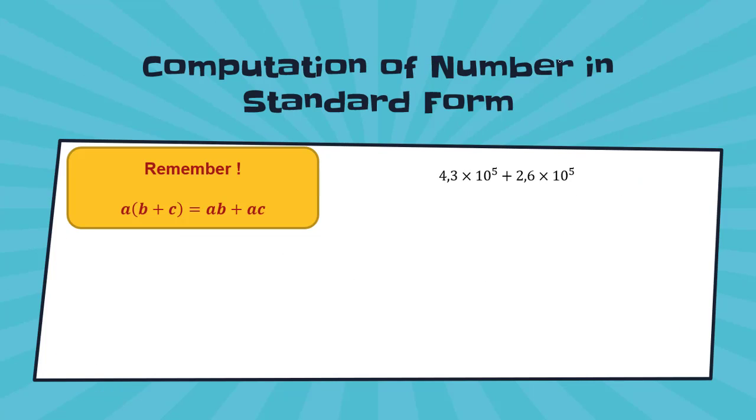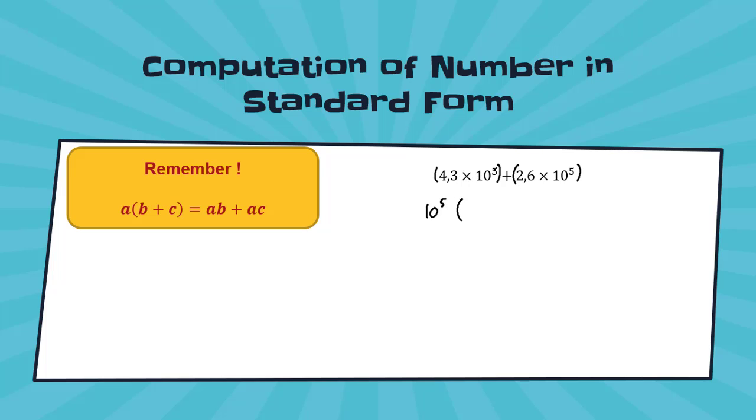And next, about the computation of numbers in standard form. You just need to remember about the distributive law. In this problem, all of the terms have the same number multiplied by 10 to the fifth.